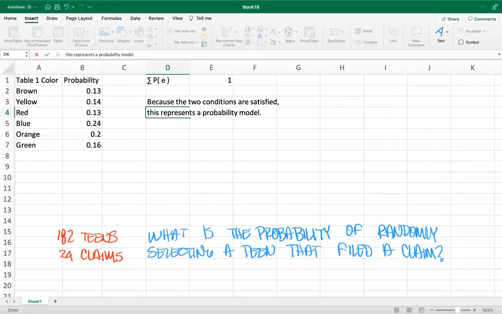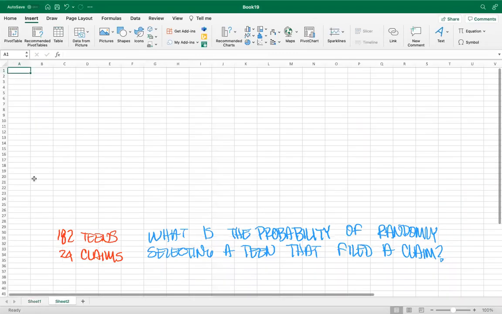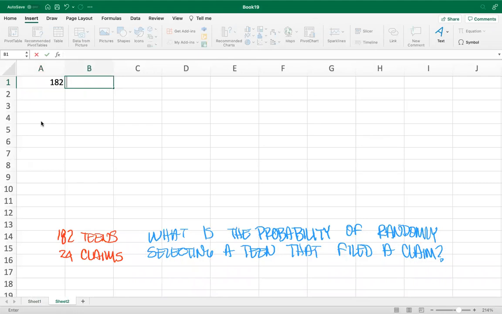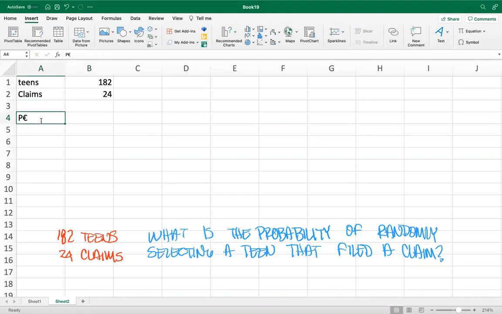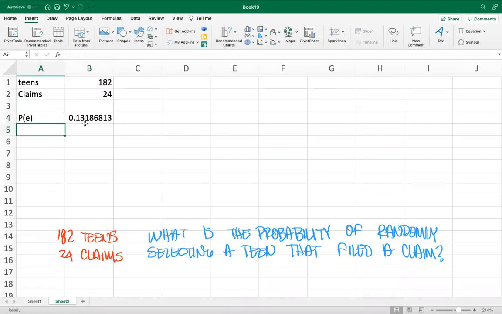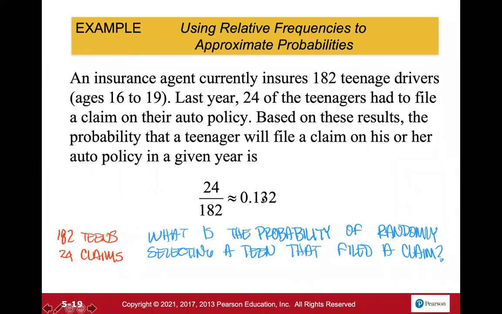So now based on that, we could come over here. Let's get a new page. So teens 182, claims 24. Now the probability of claims, or probability of event E happening, is equal to the number of people that filed claims divided by the total number of people. And that's how they got that 0.13, or 0.132.